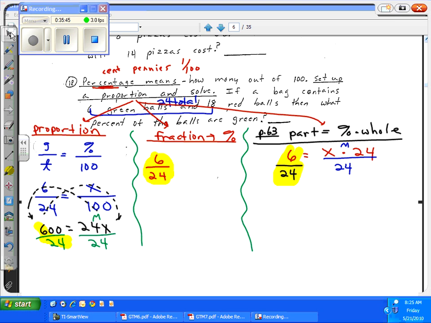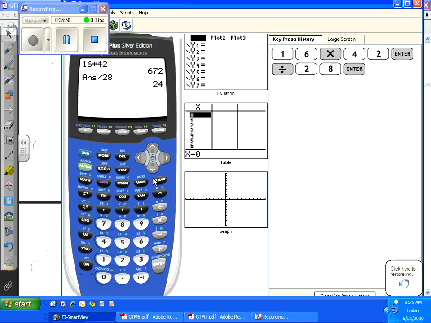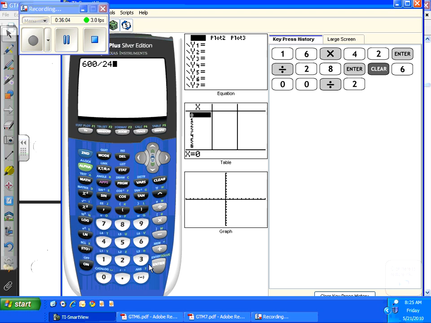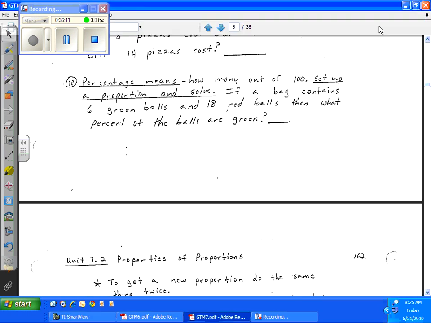So what we would do here then is we would take the 600 divided by 24. Let's do that on the calculator. 600 divided by 24, which is 25%.